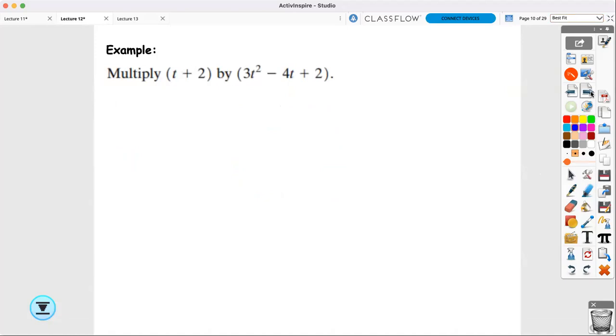The plot thickens, everyone. We have t plus 2 times 3t squared minus 4t plus 2. Now the plot thickens. We have a trinomial times a binomial. I'll give you a few seconds to set that up.